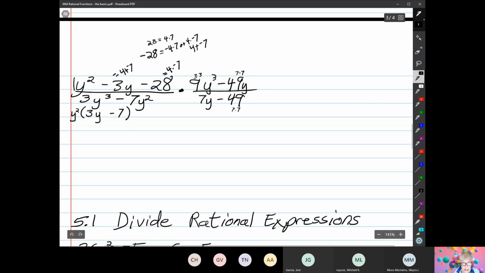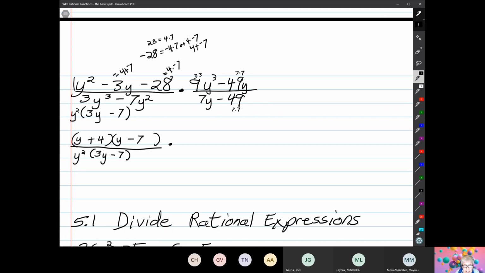So now let me write these in factored form. I will have a y and a y, and a plus 4 and a minus 7, over y squared times 3y minus 7, times.